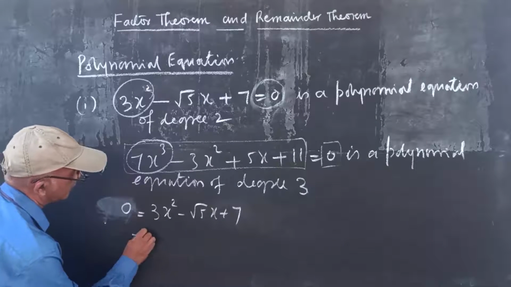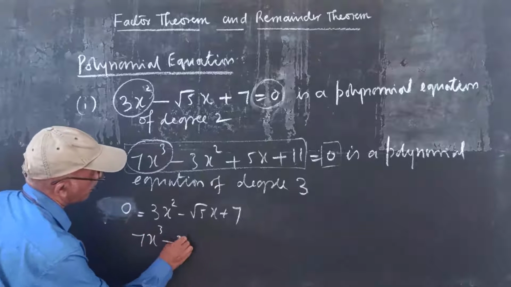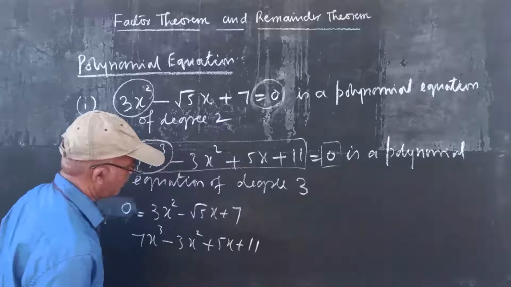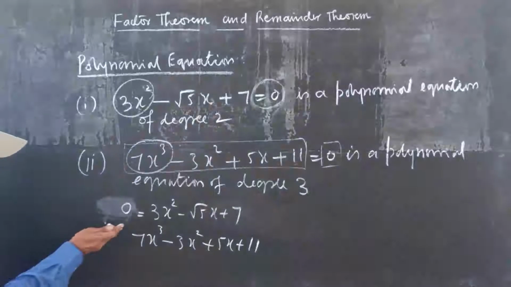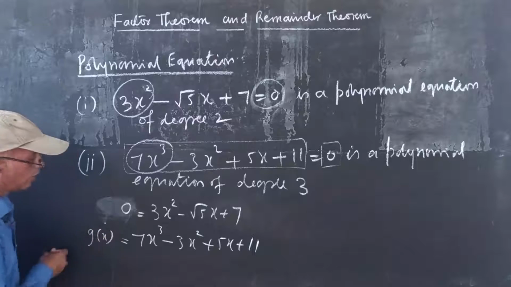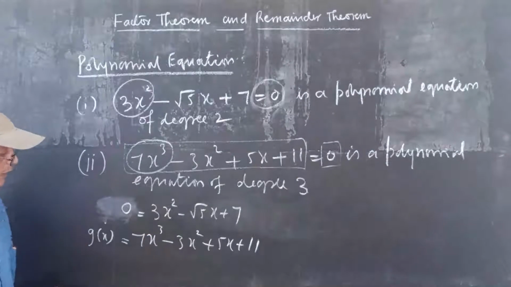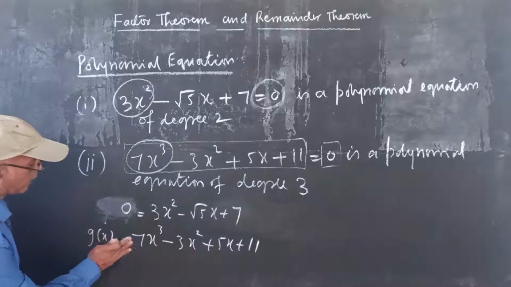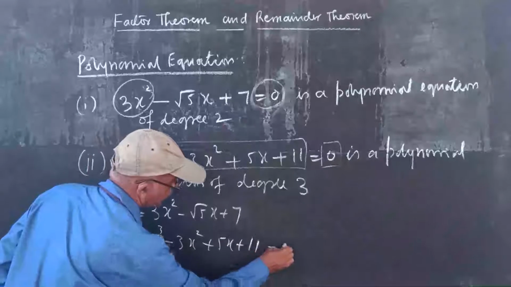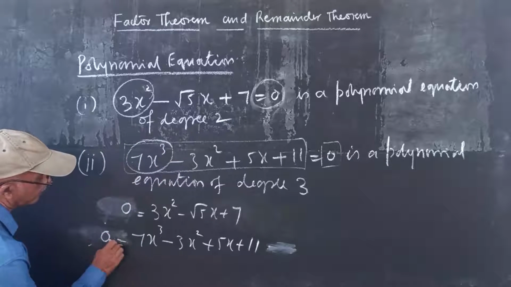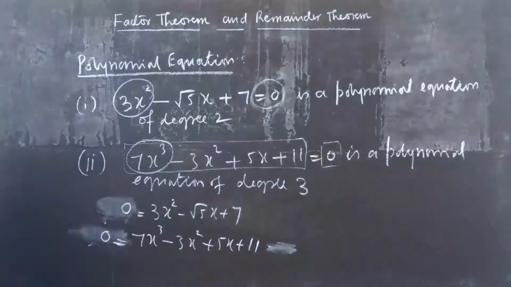Similarly, 7x cube minus 3x square plus 5x plus 11 is only an expression, a polynomial, denoted by g(x) in variable x of degree 3. And if you want to make this polynomial an equation, you should equate it to 0.